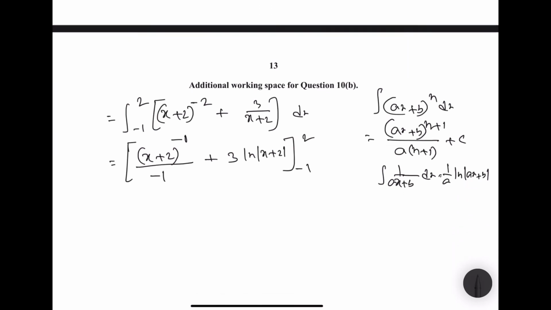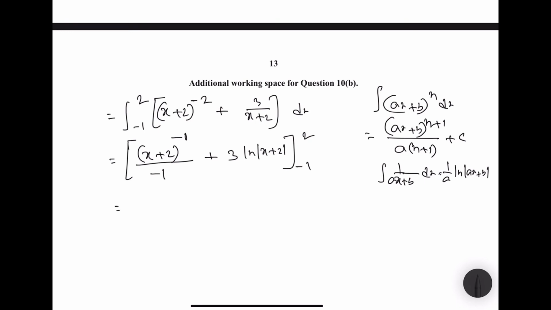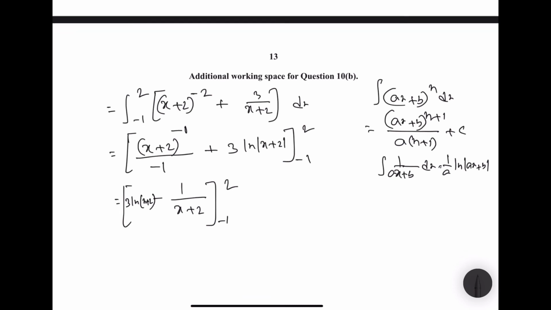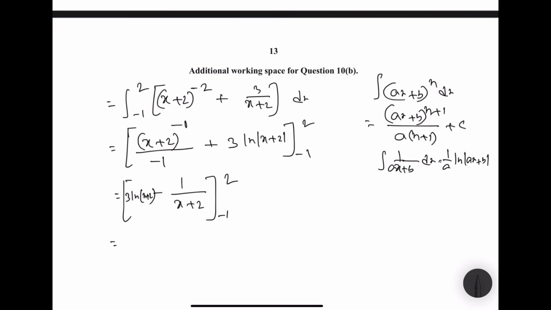Now let me simplify this one. This is becoming minus 1 by (x plus 2), 3 ln(x plus 2), and that limit will be here. Now it will be easier to simplify. Let me place here 2: 3 ln 4 minus 1 by 4.